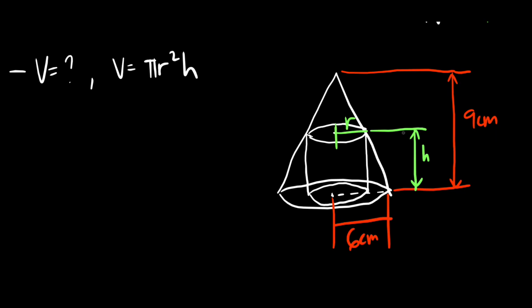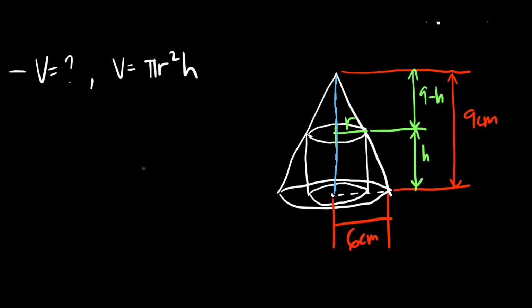So if it is the h, we'll denote this distance here as 9 minus h, right? So after this one, if we draw a line here in the middle, you notice that it forms a triangle, right?